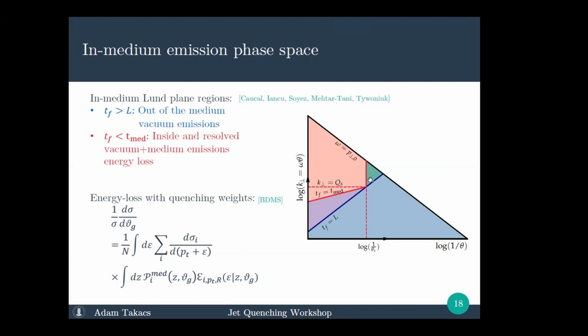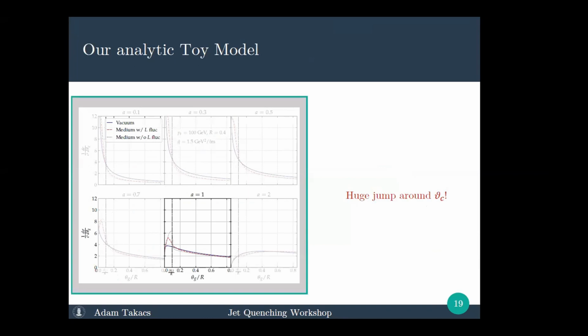While inside the red region, the emissions were resolved, and therefore both of the legs are going to get energy loss. So by piecing together all of these ingredients in this toy model, we could calculate the dynamical groomed, the hardest theta G distribution.